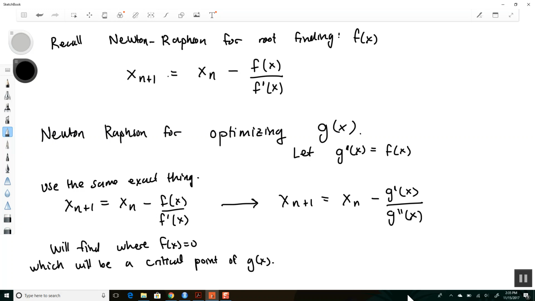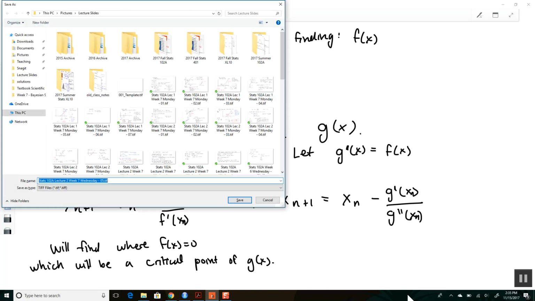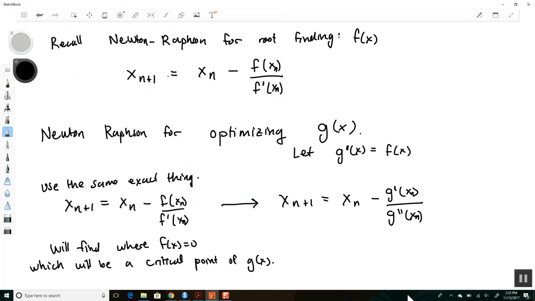Sorry, x_n and x_n here. Get my subscripts in. Does that feel okay? If the first part works, then the second part will work. And the truth is any of those root finding methods that worked before will also work here.